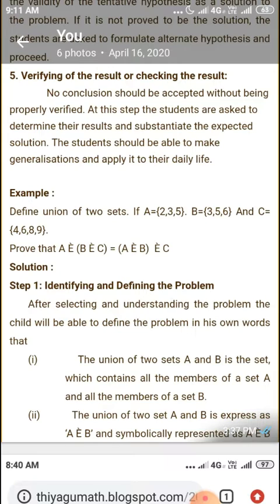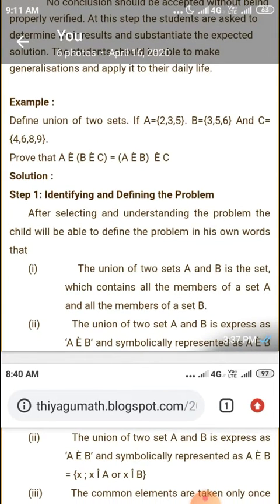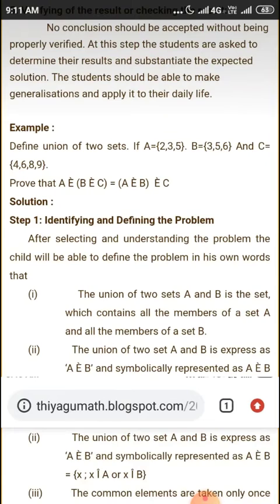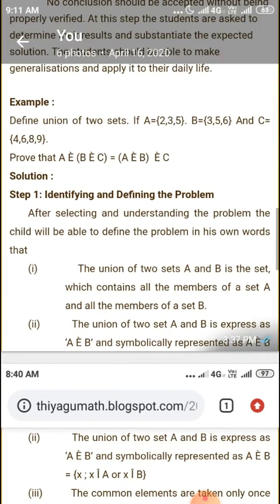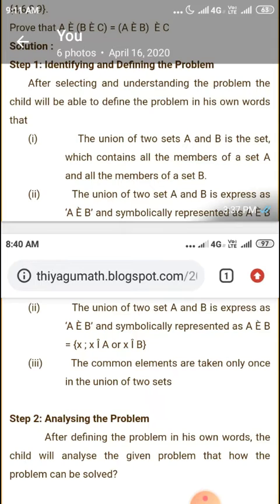The union of two sets A and B is the set which contains all members of set A and the members of set B. The union of A and B is expressed as A ∪ B, and symbolically A ∪ B = {x such that x belongs to A or x belongs to B}.